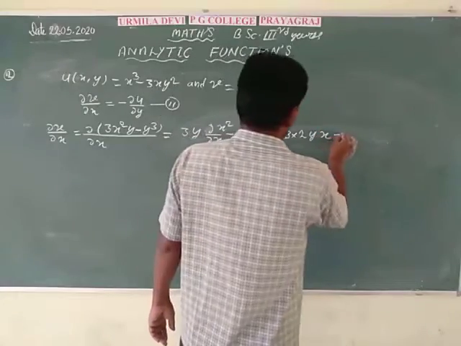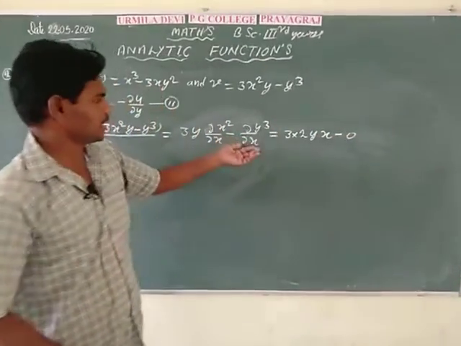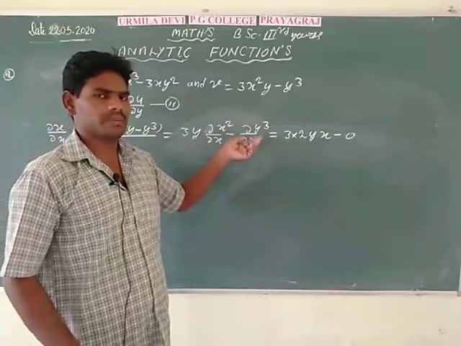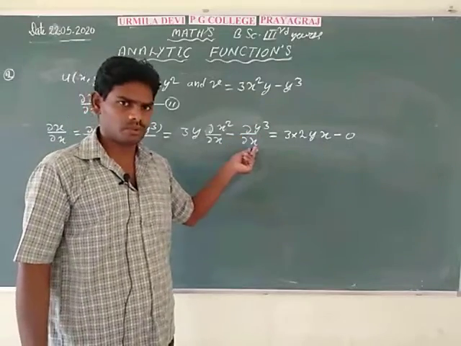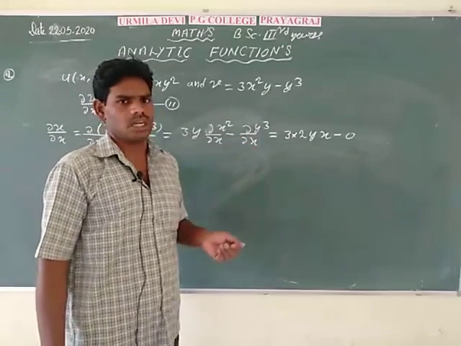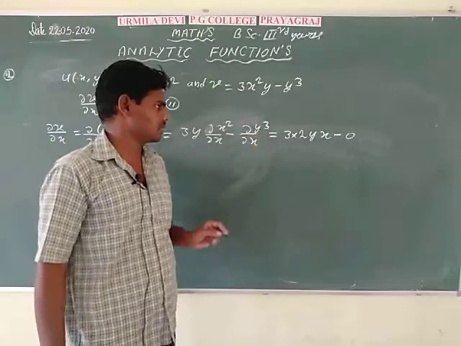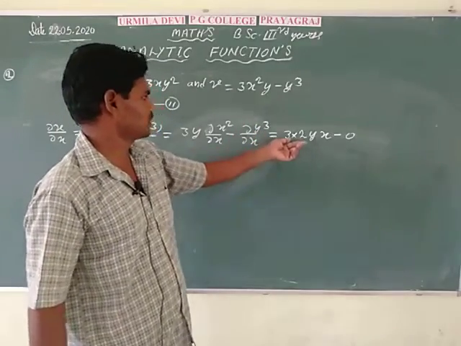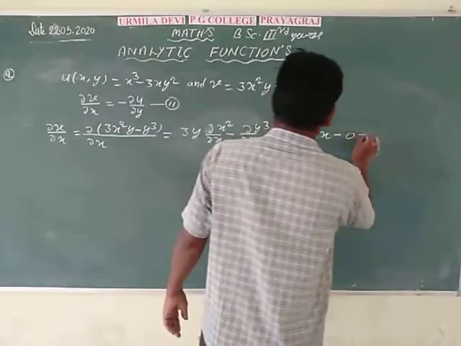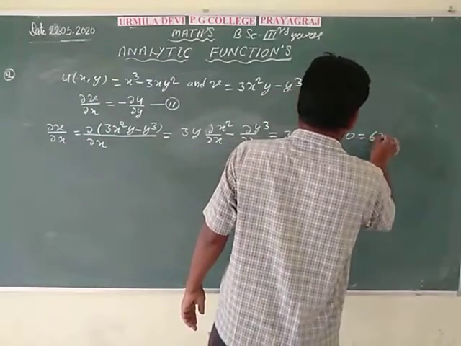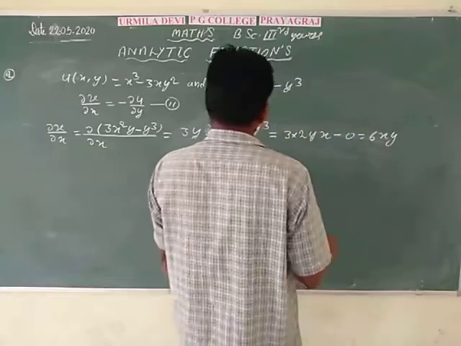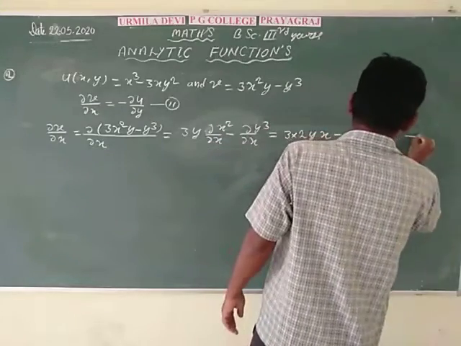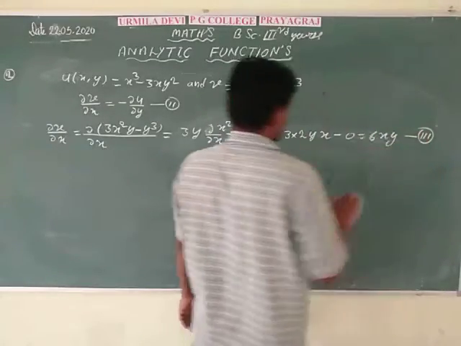In the second part, the partial differentiation of y cube with respect to x, but y cube is constant, so the differentiation is equal to 0. The remaining part is 3 times 2xy, which is equal to 6xy, considered as equation third.